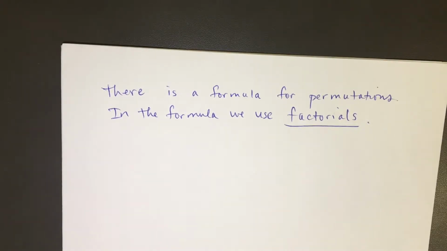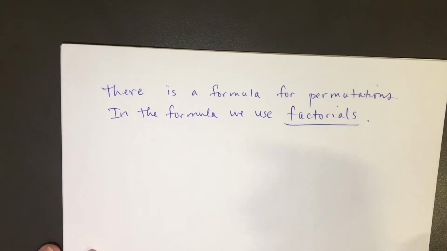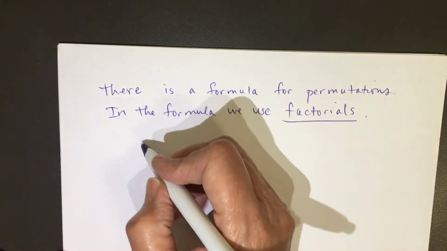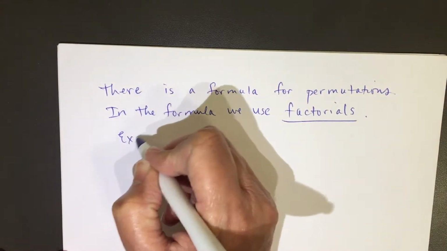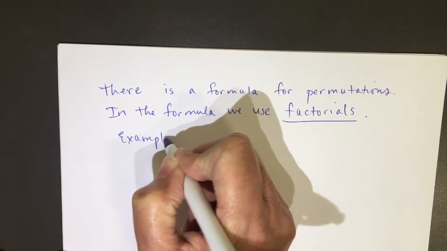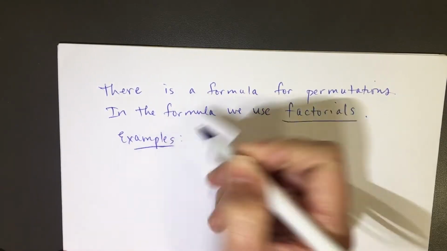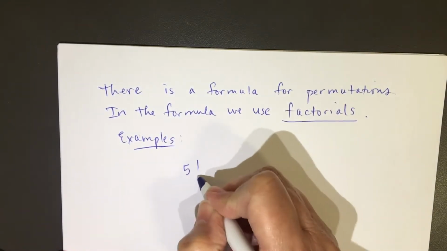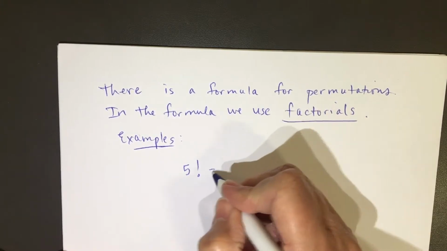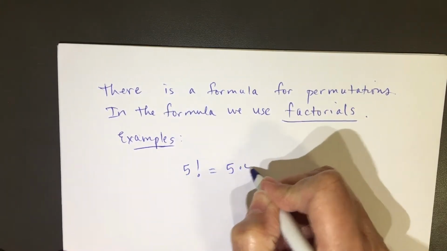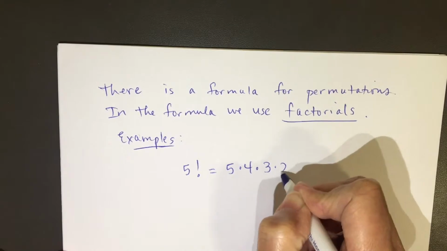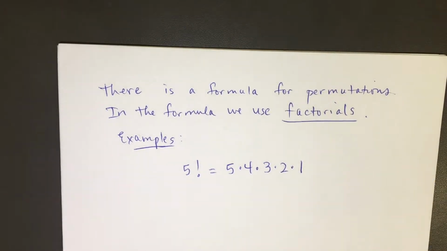And so a factorial is something like this. I'm going to just give some examples of factorials. 5 factorial, that equals 5 times 4 times 3 times 2 times 1.